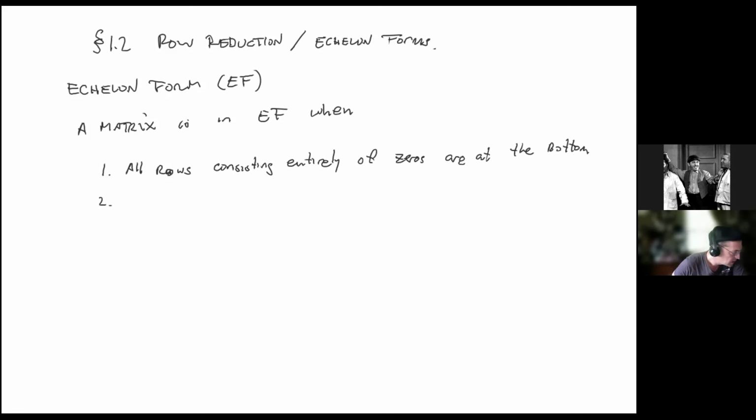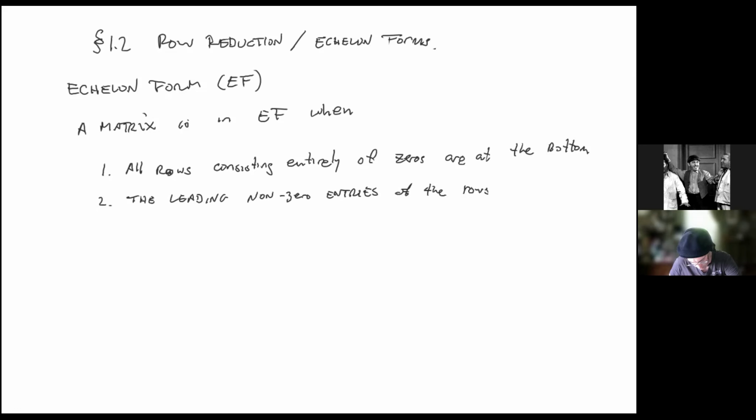is that the leading non-zero entry, this is a little awkward to state, or entries of the rows go from left to right when you move down the rows.